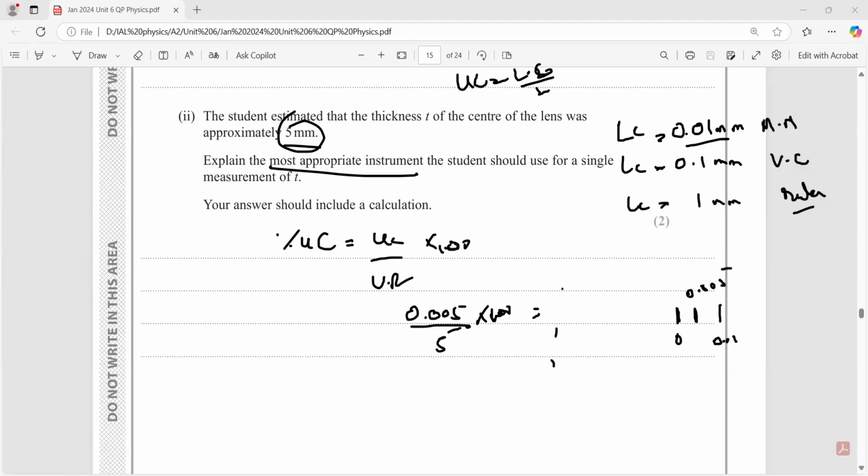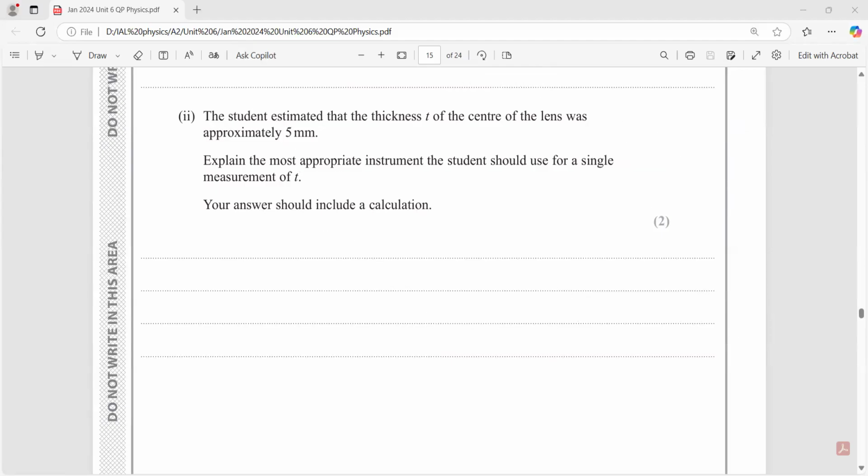You can use your estimation. That's why the uncertainty is half of the least count. Clear? So the idea is that estimation is there. So when you're using the uncertainty, always use half of the least count. Okay.